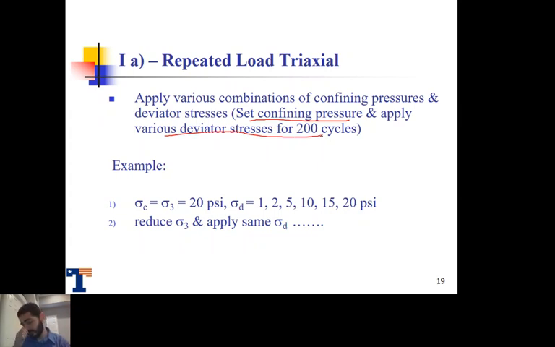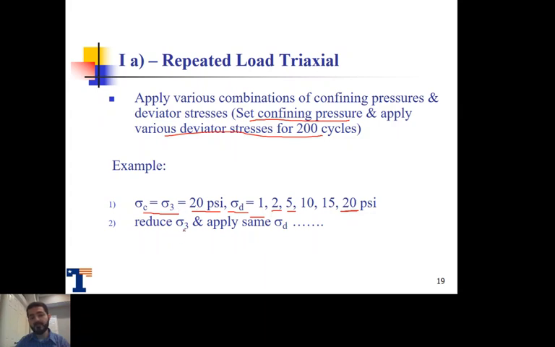For example, we typically set sigma C, which is sigma 3, to 20 psi, and then I apply sigma D of 1 psi for 200 cycles, then 2 psi for 200 cycles, and 5 psi with 200 cycles, all the way to 20 psi while sigma C is constant.